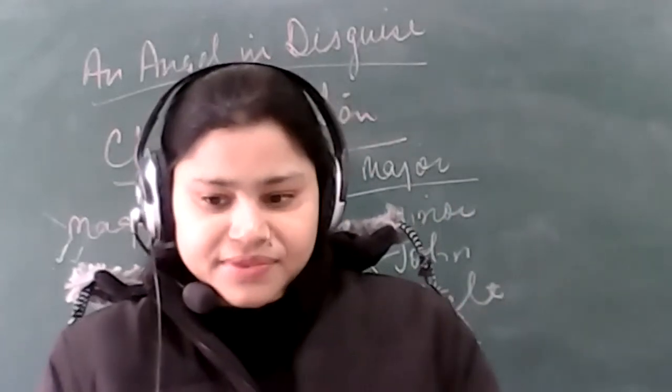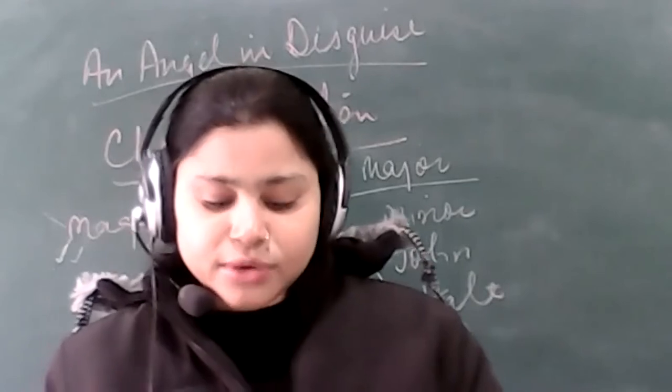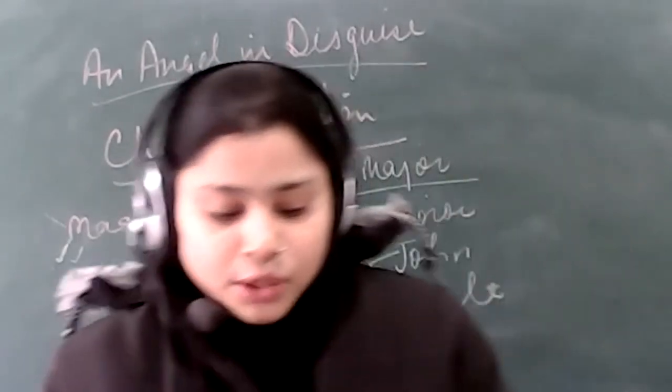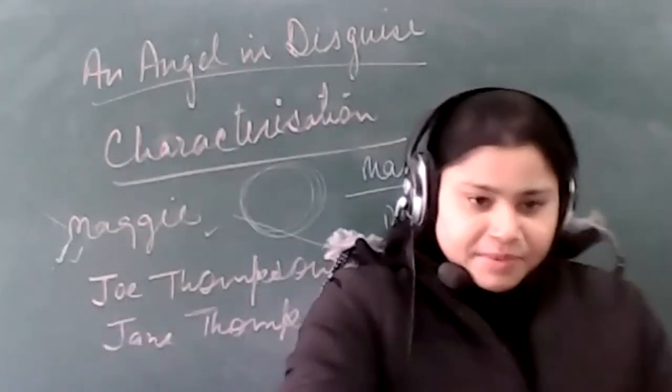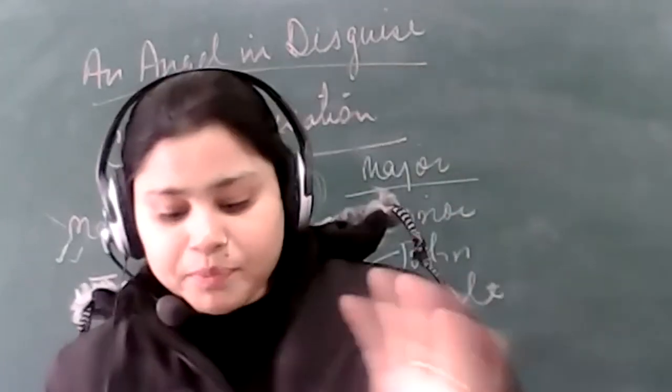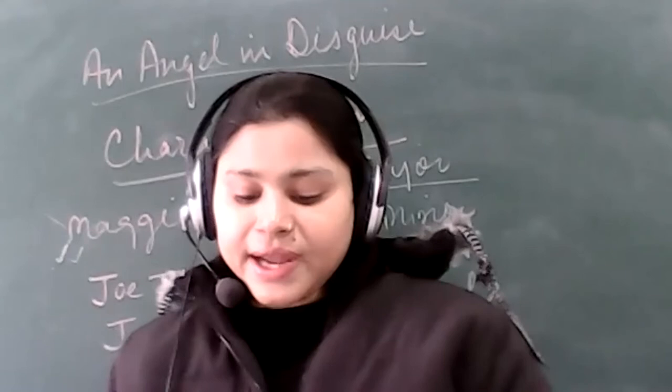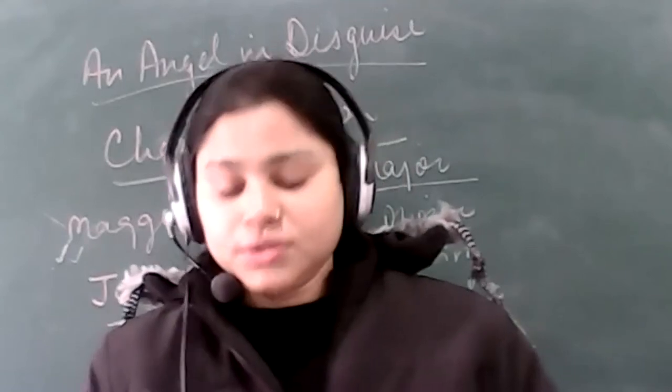Now, the next paragraph says that Maggie was an innocent child with a pure soul. How pure a soul? The innocence of Maggie we have already talked about. And what about a pure soul? The moment Mr. Thompson held Maggie in his arms, he felt an affectionate bond.